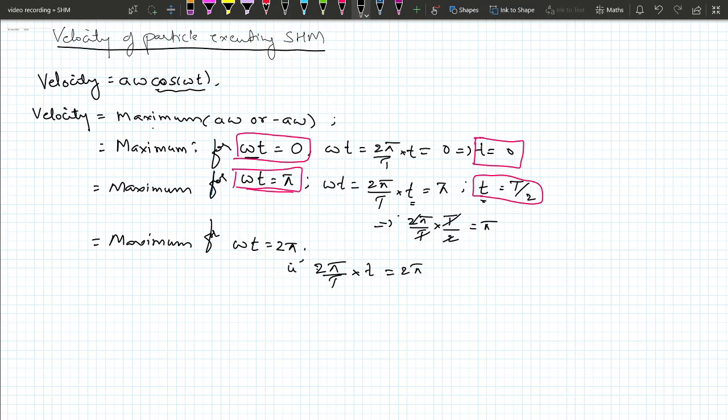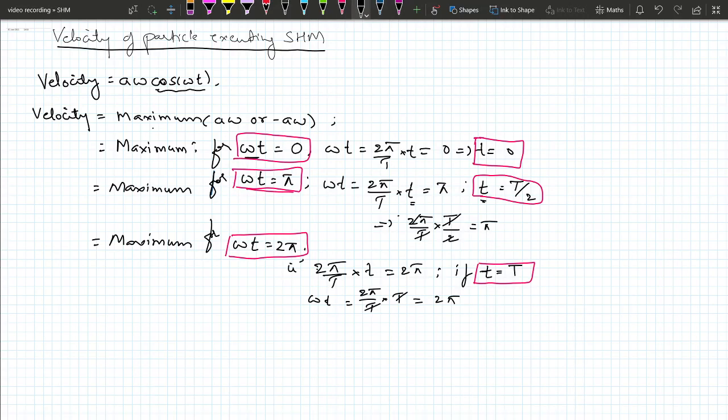Now this value will be 2 pi if the value of small t, the time that has elapsed, is equal to the time period. If I take that, it will be 2 pi by T into capital T, which gives you 2 pi. So omega t equal to 2 pi, or t is equal to capital T. I can take this as the third condition. Now these are the three conditions for maximum.